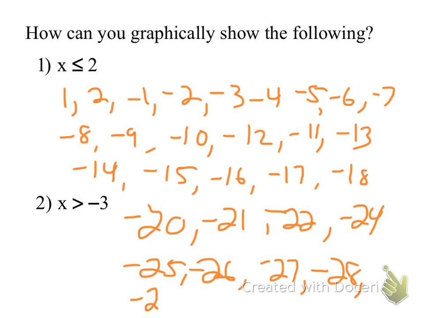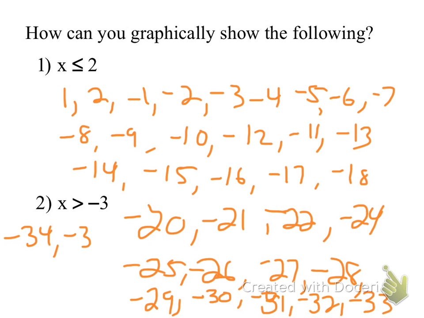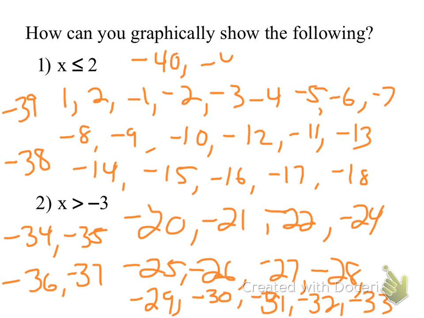So Abby's helping me list all the numbers. Negative 28, negative 29, negative 30, negative 31, negative 32, negative 33, negative 34, negative 35, and so on down through negative 44.